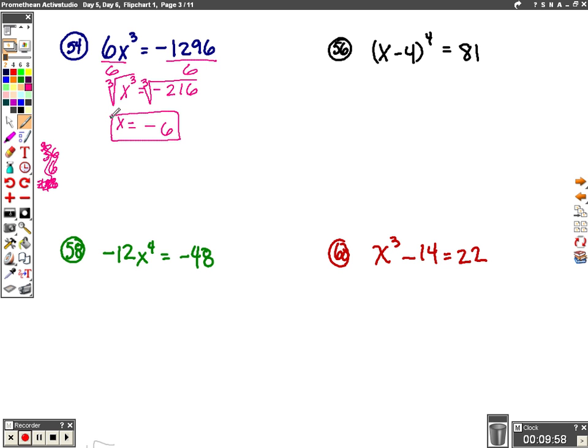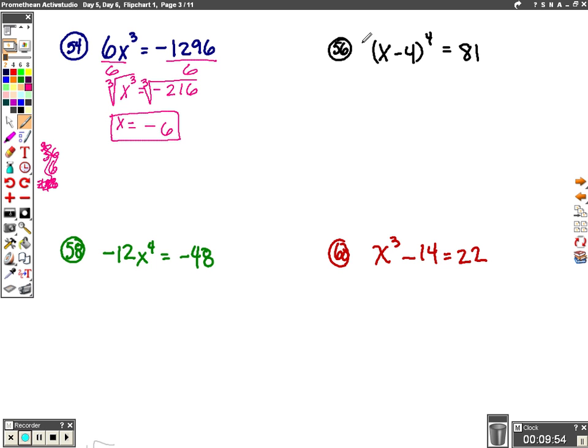All right, so we just need to be cautious of the fact that if there's a fourth root or an even power, we might have two solutions, one solution, or zero solutions. So in this case, you're not allowed to touch that negative 4. You can't add 4 to both sides until you get rid of this parenthesis. Right now, this whole thing is being raised to the 4th power.